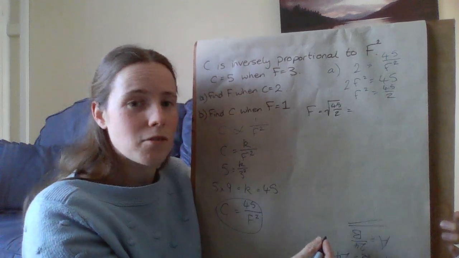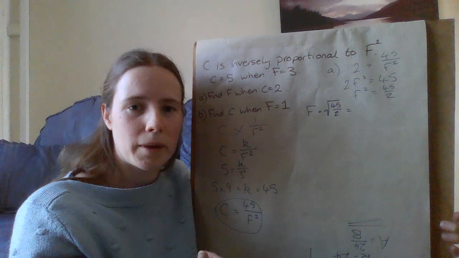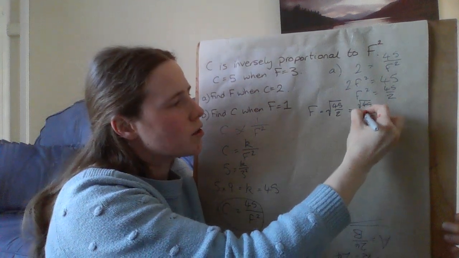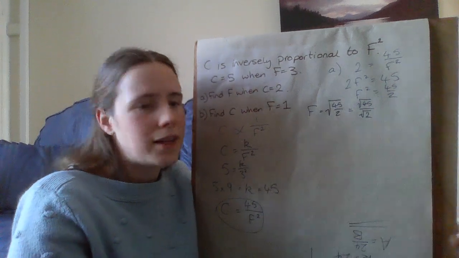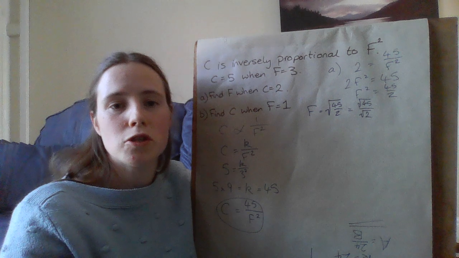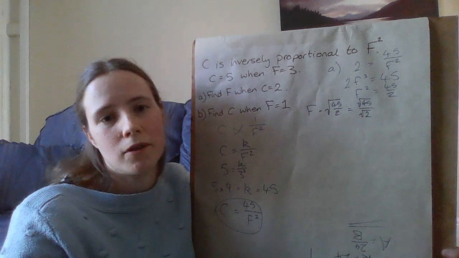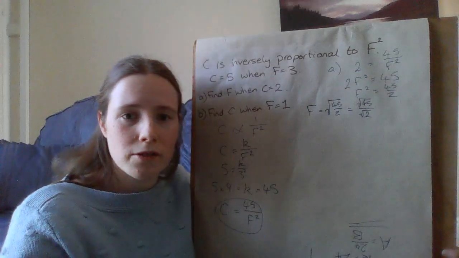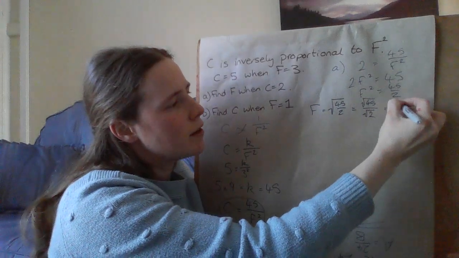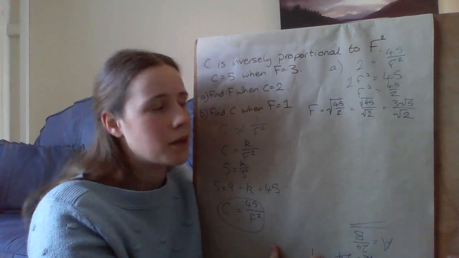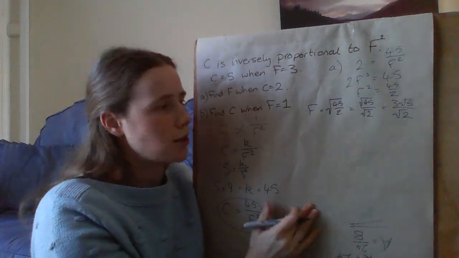Using our knowledge of surds, we know that the square root of a over b is the same as the square root of a over the square root of b. Feeling tempted now to start simplifying and rationalising denominators. So first of all, square root of 45 is the same as root 9 times root 5, because 9 times 5 makes 45. Root 9 is 3, so I can write that as 3 root 5 over root 2. Still not going to stop yet because I've not got the denominator rational yet.